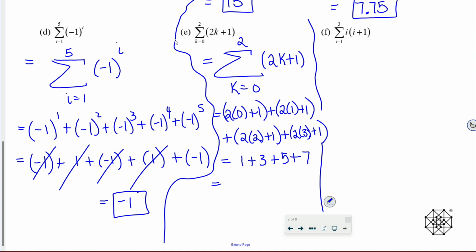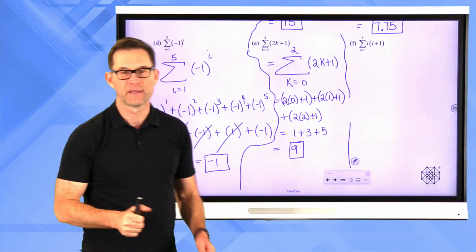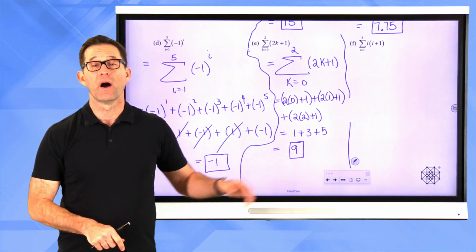The limit's 2. The limit, oh my goodness, yes. I went 1 too many. A hazard in this particular type of problem. I would have gotten it way too big. So we have 5 plus 3 plus 1, which is equal to 9. Excellent. Thank you, Joey. Yep, so we have 9.